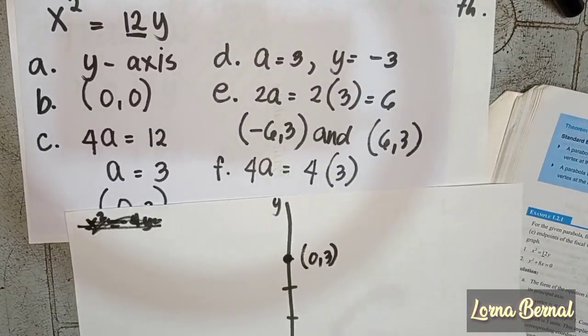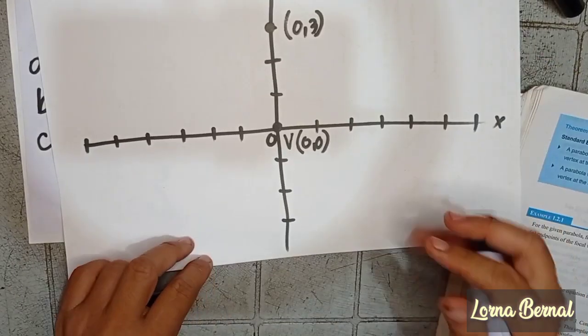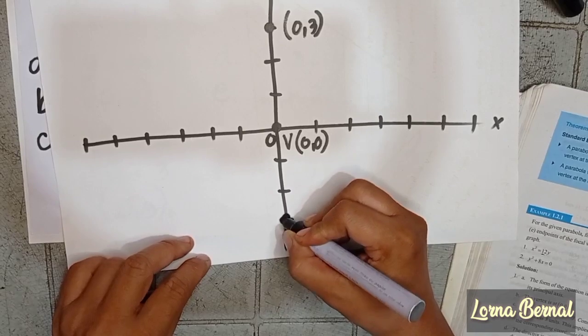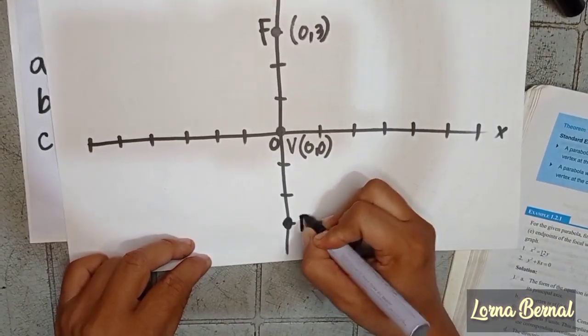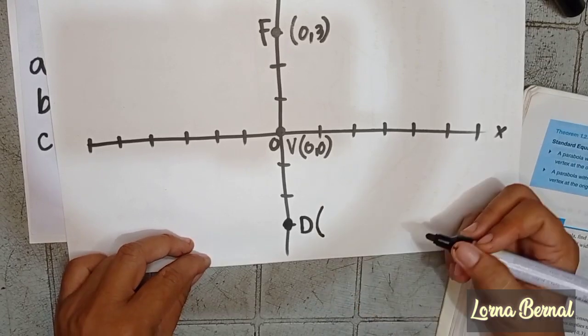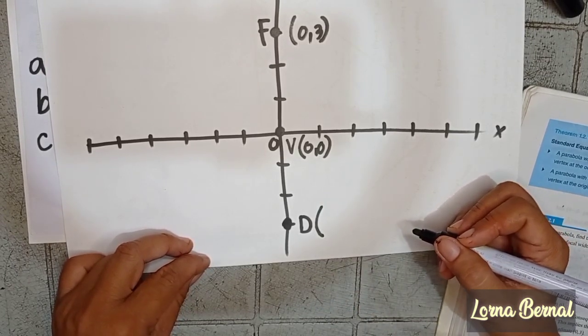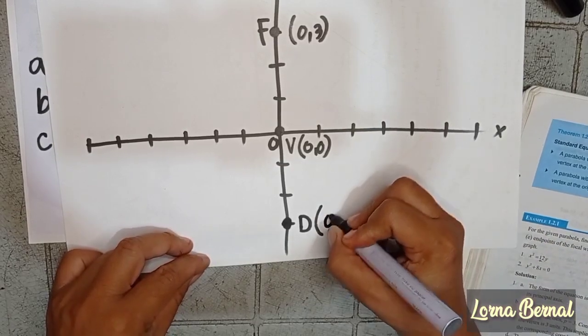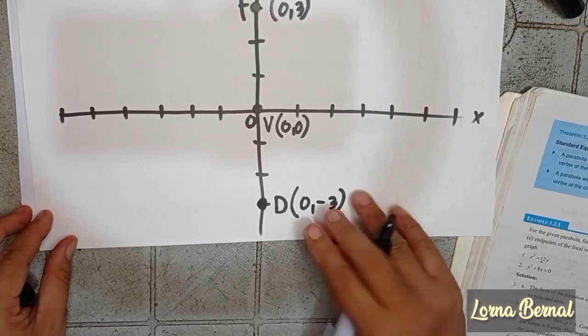And then we have also our directrix. So our directrix, that is y is equal to negative 3. So it's here. This is our focus, and this is our directrix. The coordinates is, we have x is 0, y is negative 3. So I'll be putting it like this.